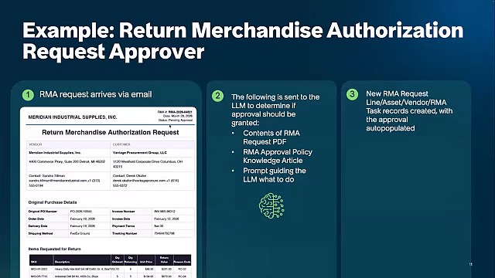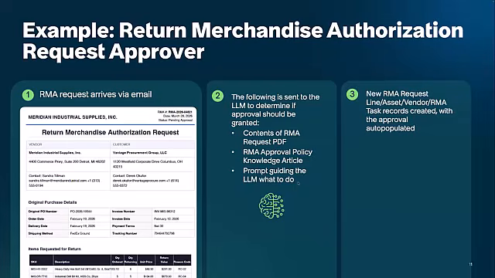And so the flow that we're going to be building is we have an RMA request arriving via email. We then create a custom skill that takes in the contents of that RMA request PDF, specific information. We review it against the RMA approval policy knowledge article that we conveniently have.